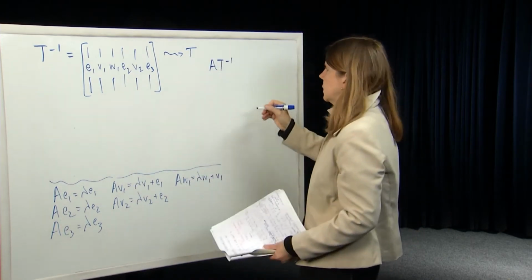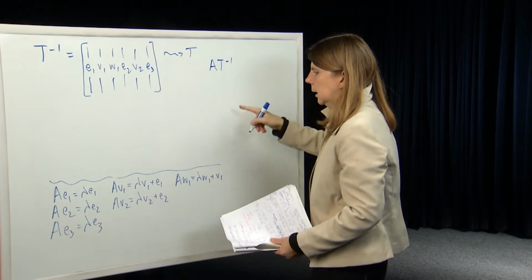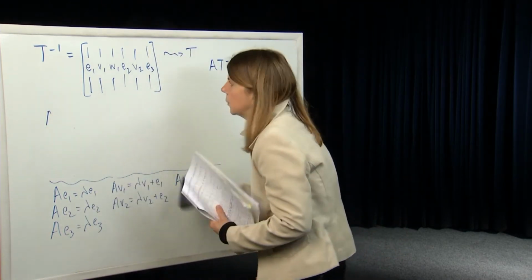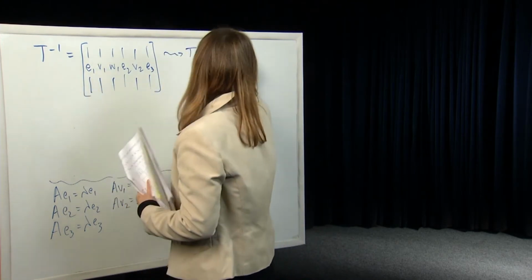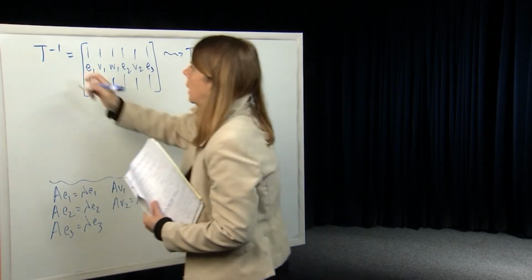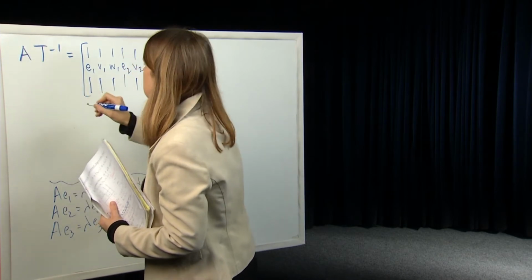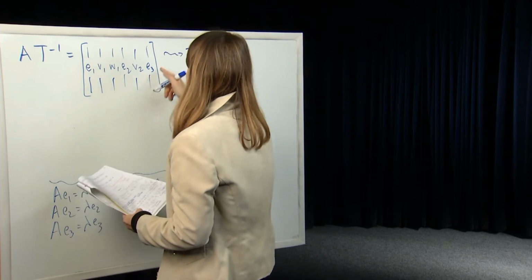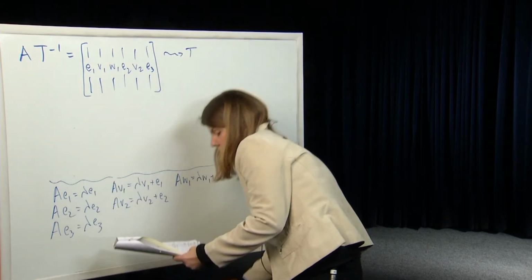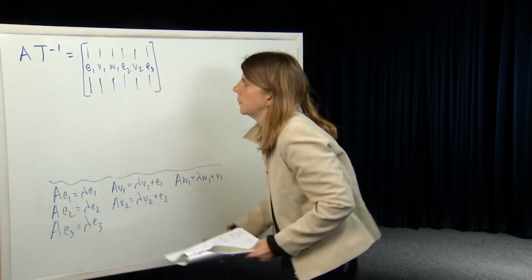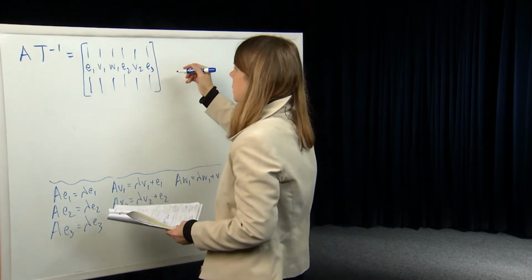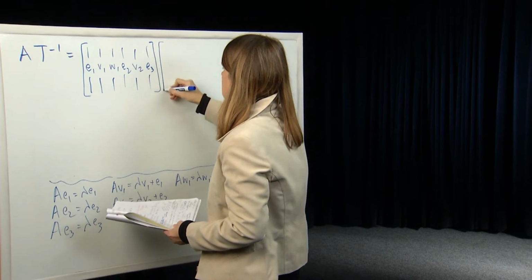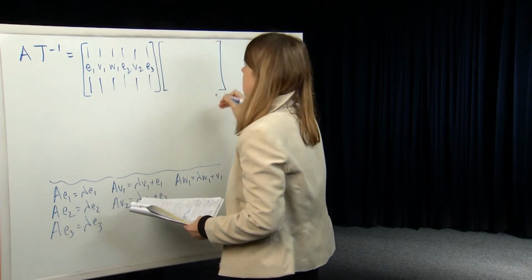So if I look at A T inverse, let's write it here. We'll use what we've already done. A T inverse is equal to T inverse times the following matrix.